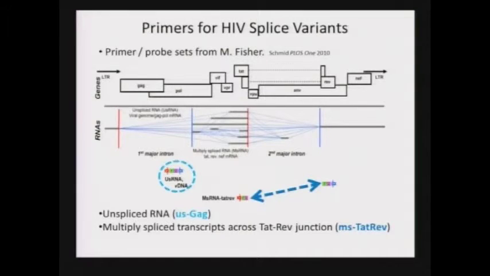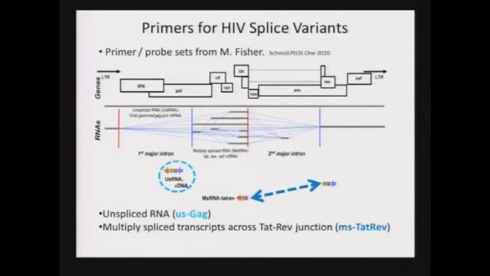The targets that we primarily ended up focusing on were GAG and a multiply spliced RNA target that spans the TAT-REV splice junction. These are among the many primer sets described in the Schmidt paper in 2010.